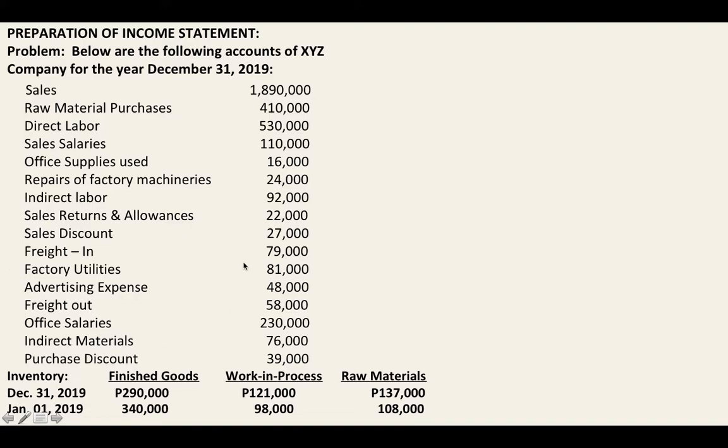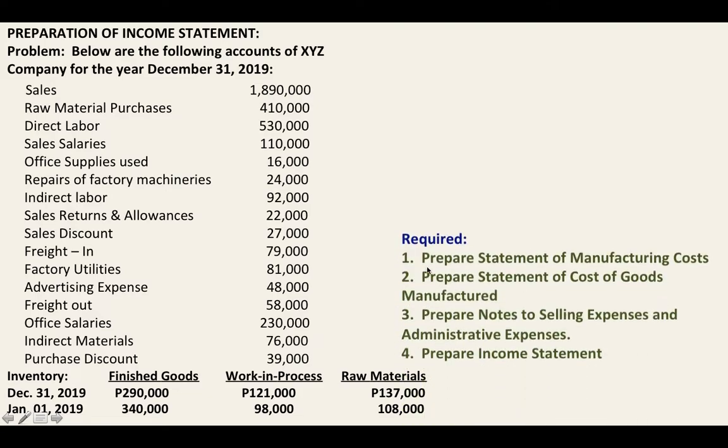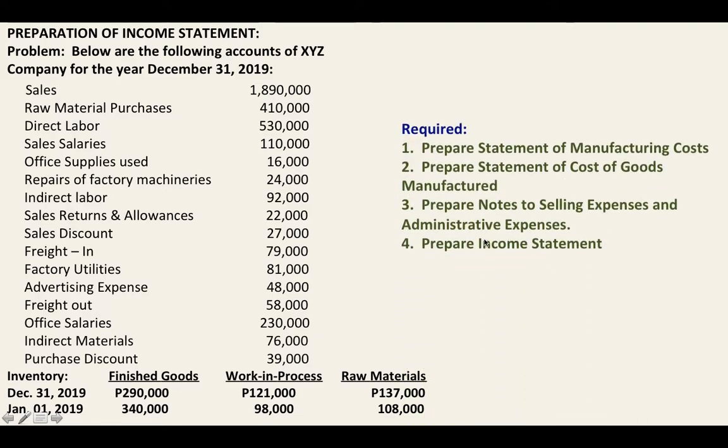So everything, sales and other expenses are all in, and you have the inventory of finished goods, work in process, raw materials, and then December 31, 2019. So that will be your end. And January 1st, 2019, this will be your beginning. Okay, now this is what is required.